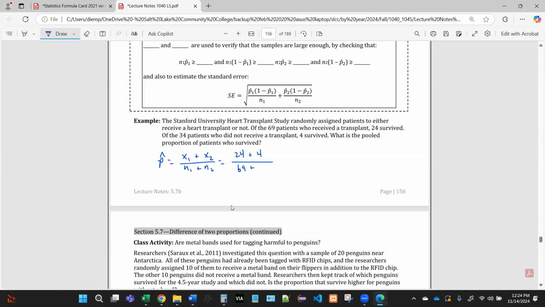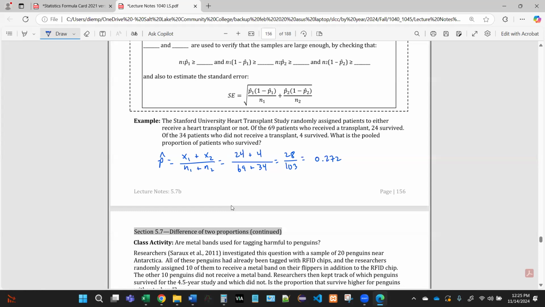And what was the sample size in the second group? 34. Okay, so it's going to be 28 over 103 for a pooled proportion of about 0.272. Okay, so that's our pooled proportion, and we're going to use it in the next problem.